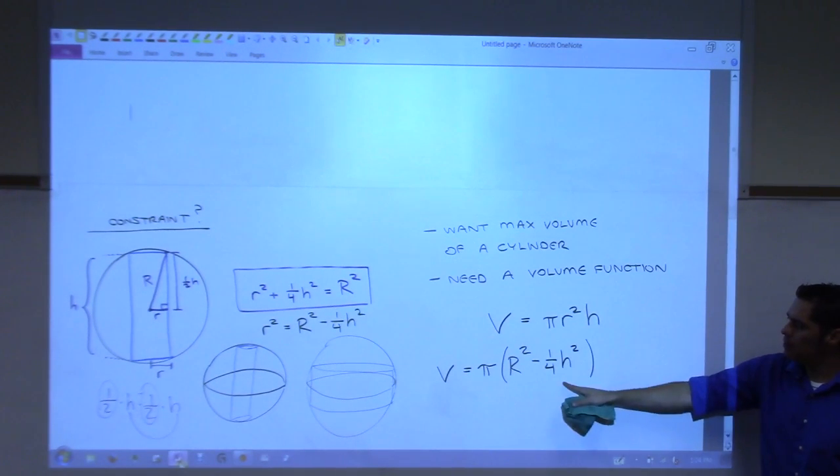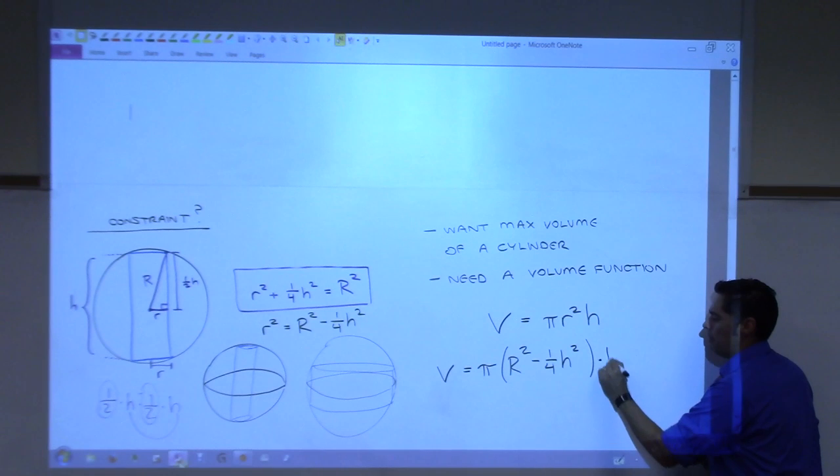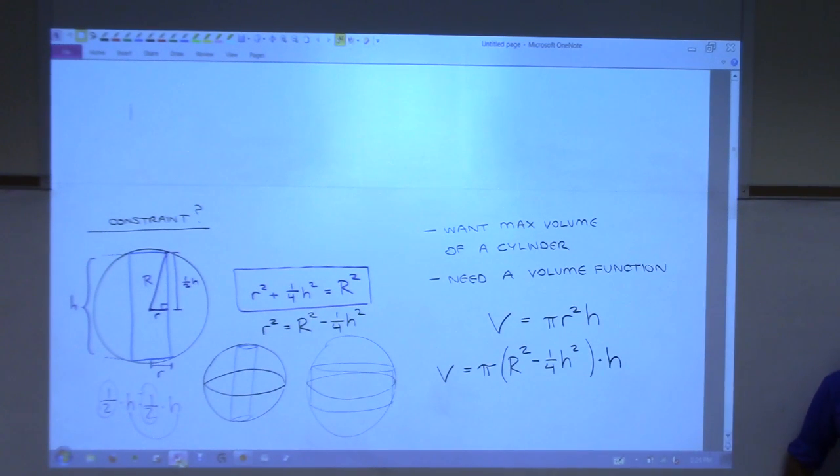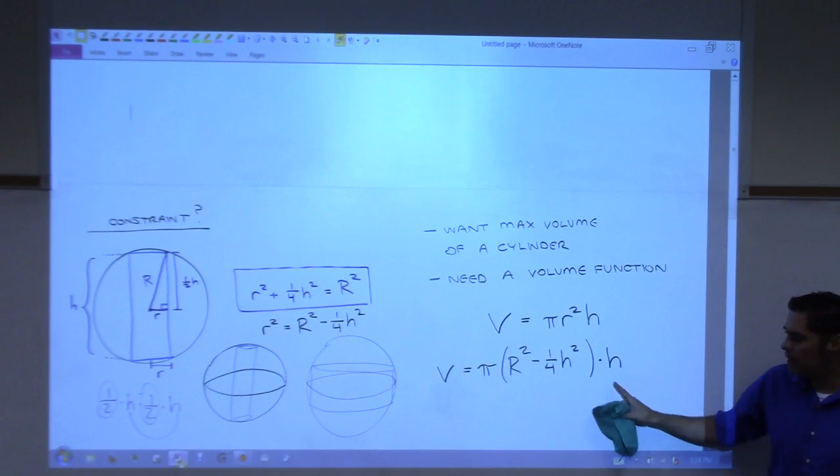That's r squared times h. Is your volume now a function of a single variable? Yes. Wait a minute, what about capital R? It's constant, right? So even though it looks like a variable, it is fixed. So this is a function of h, isn't it? This is a function of h.